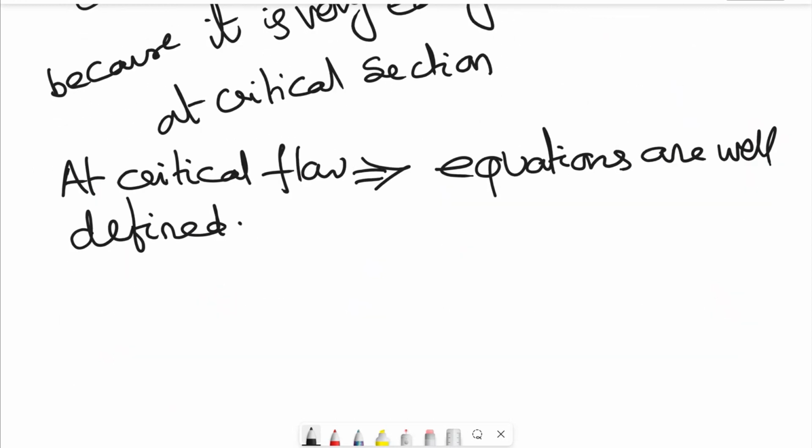Suppose, like in the hump, you have increased the height of the hump beyond delta Z maximum.